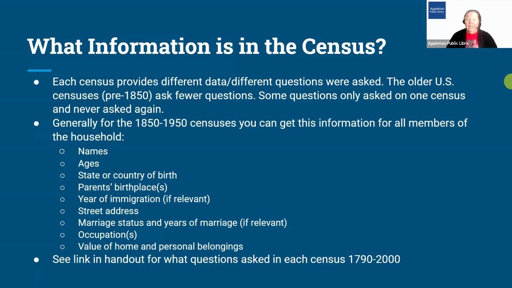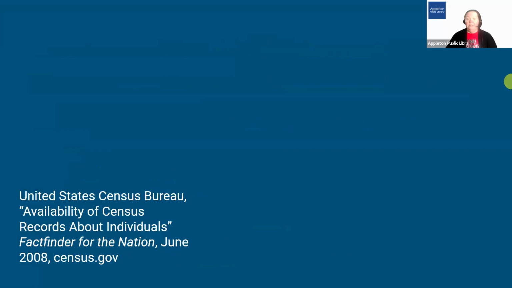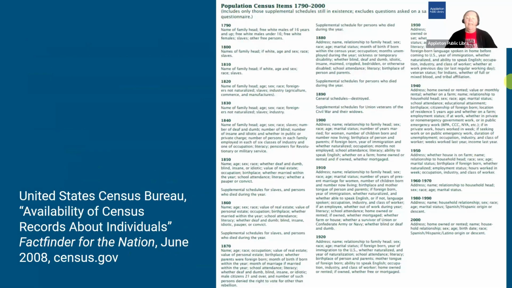There's a great link in your handout that details what questions were specifically asked in each census from 1790 all the way up to 2000. Go ahead and take a look at that link, which will give you a lot of detail. Here is that link, and this is where I got it from: the availability of census records about individuals from FactFinder for the nation through the Census Bureau.